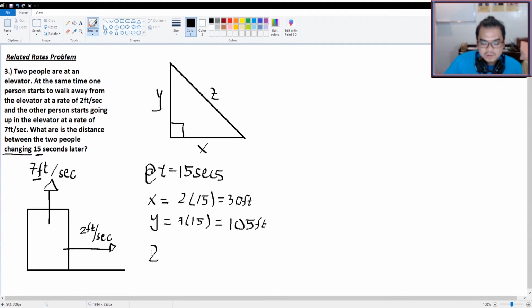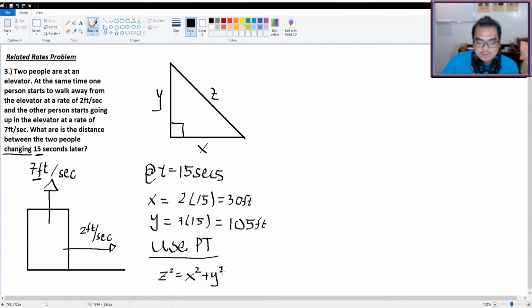So again, you have to relate x, y, z in one equation, so use the Pythagorean theorem. Using the Pythagorean theorem, you'll have z squared is equal to x squared plus y squared.